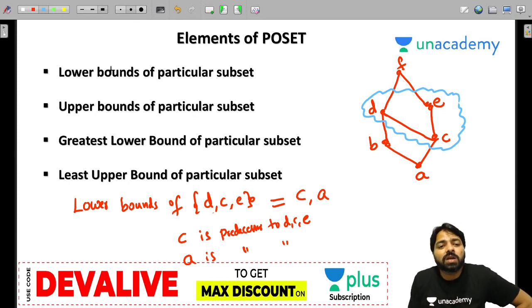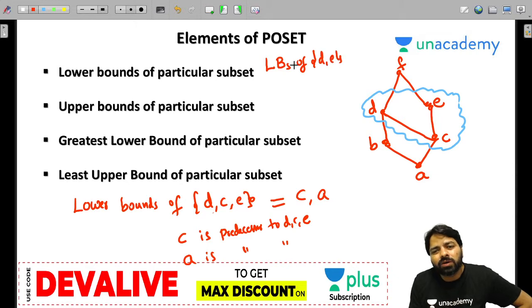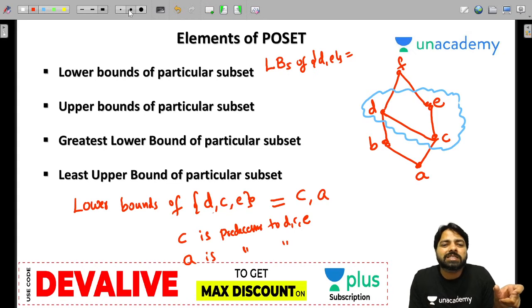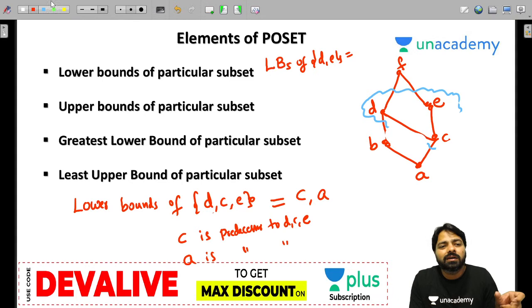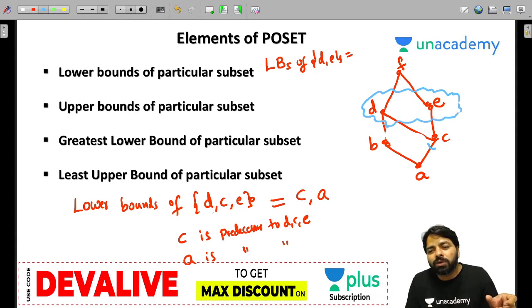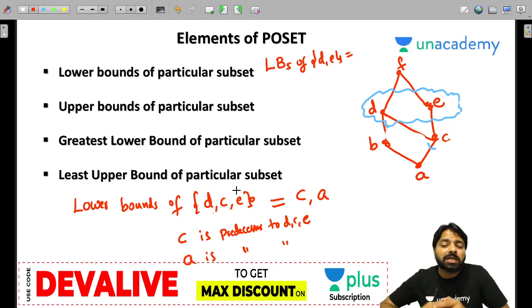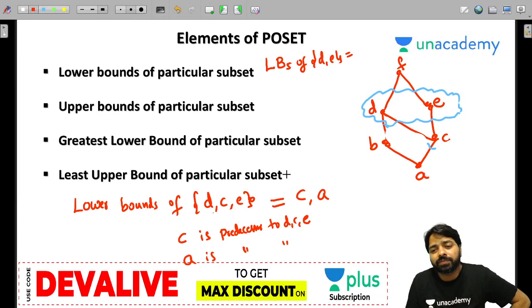But if I ask lower bounds, let's practice. If I ask LB, lower bounds of D comma E, what do you answer? Now my interest is changed. Now I am only looking at D comma E. What are the lower bounds? That element should be a predecessor to both of them, not one of them. Both of them you should take.